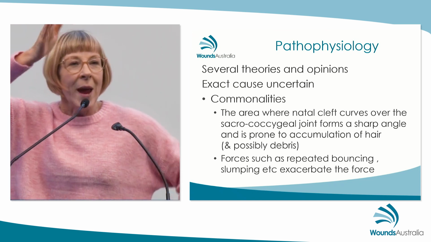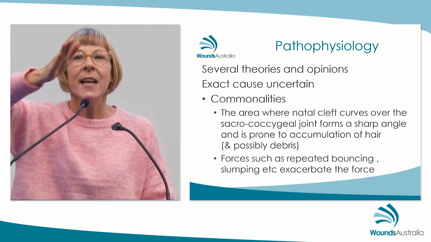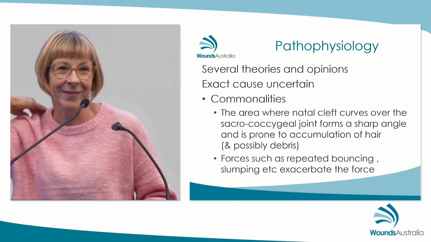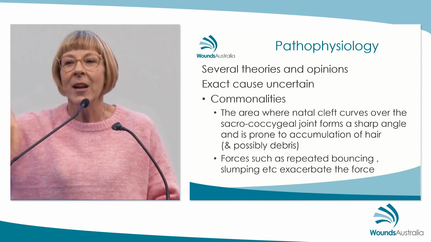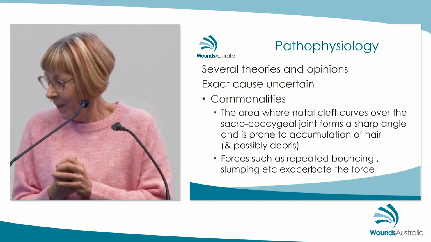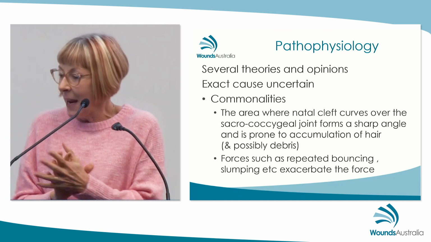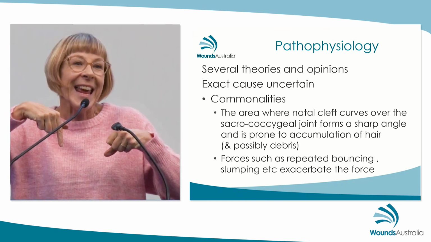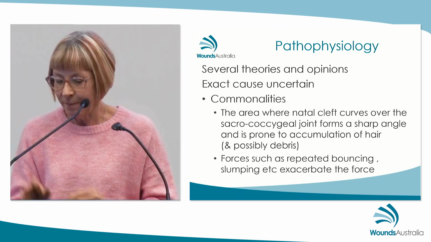So if your sacrococcygeal curve is a bit more bowl-shaped, it tends to collect hairs that fall down. So hairs off your head that fall down, a bit of debris, those sorts of things actually tend to collect there. And then forces such as repeated bouncing, slumping, riding in a Jeep, they just actually drive the hairs in and make that worse.